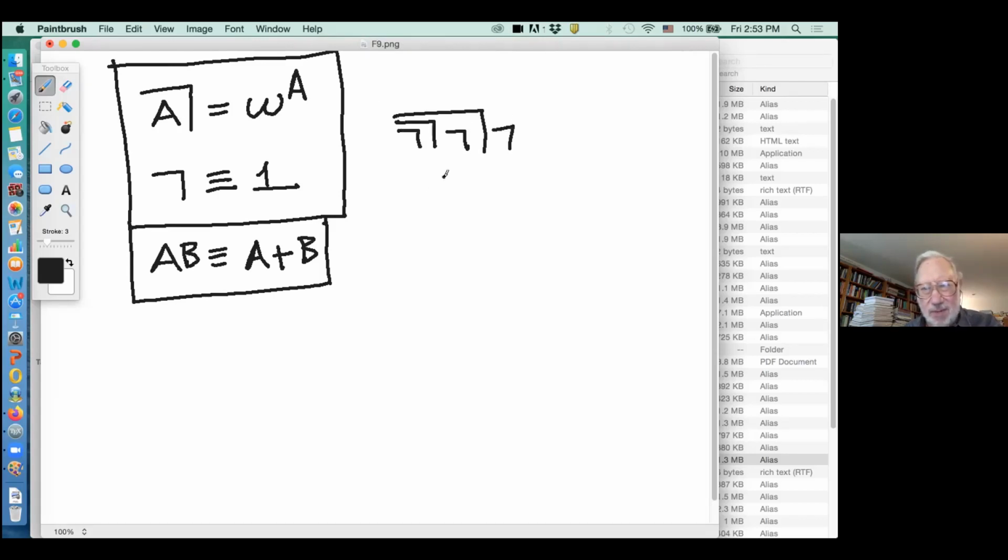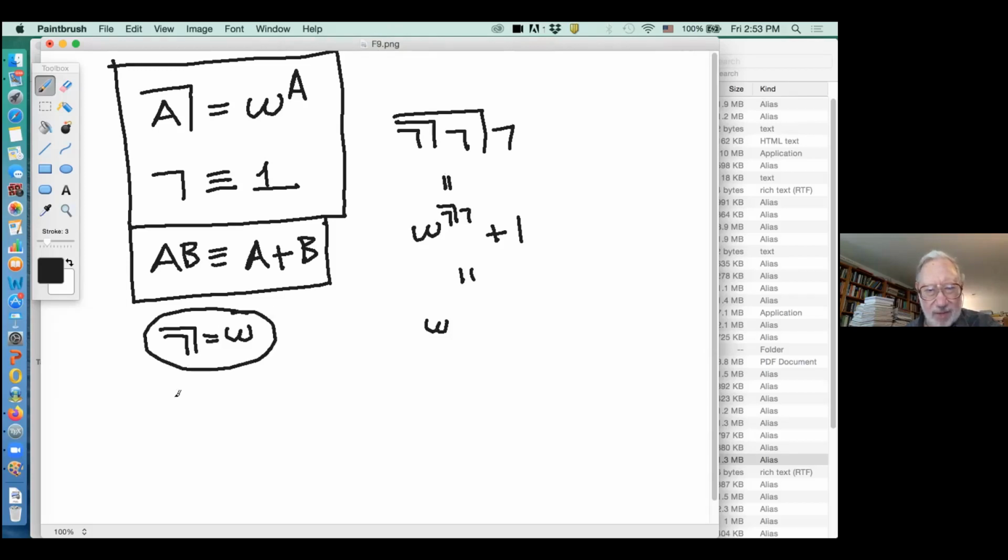This is going to be equal to omega to this plus 1, because whenever something is enclosed, it's omega to that. What about this one? That's omega to the 1, and omega to the 1 is equal to omega. So the double cross is omega. So this is equal to omega to the omega plus 1 plus 1.